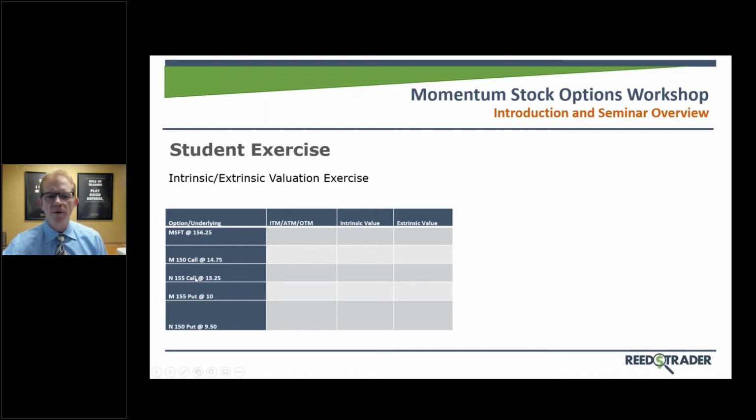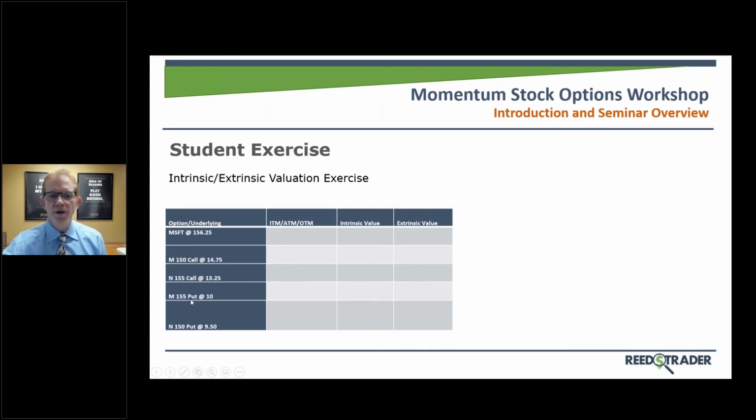The July 155 call is going to be up to your interpretation. It is in the money because you would totally buy Microsoft at 155 to sell it at 156.25. So it's in the money, but it's also close to at the money, so either answer would be acceptable.